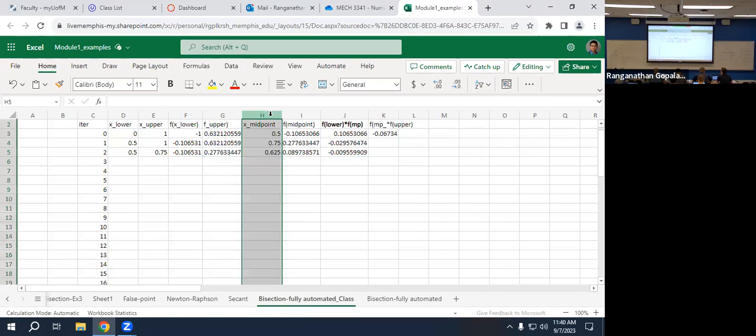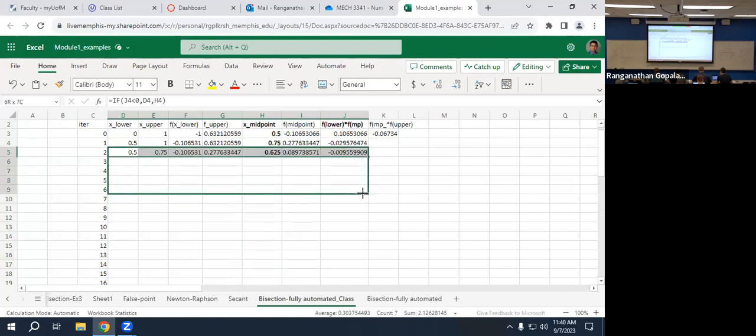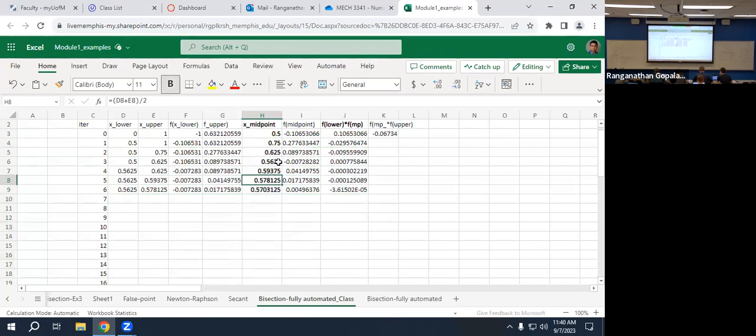So focus on this column, column H. I went from 0.5 to 0.75 to now 0.625 in 2 iterations. Okay, let's drag this down more. And my midpoint value is getting more precise: 0.56, 0.59, 57, 57.